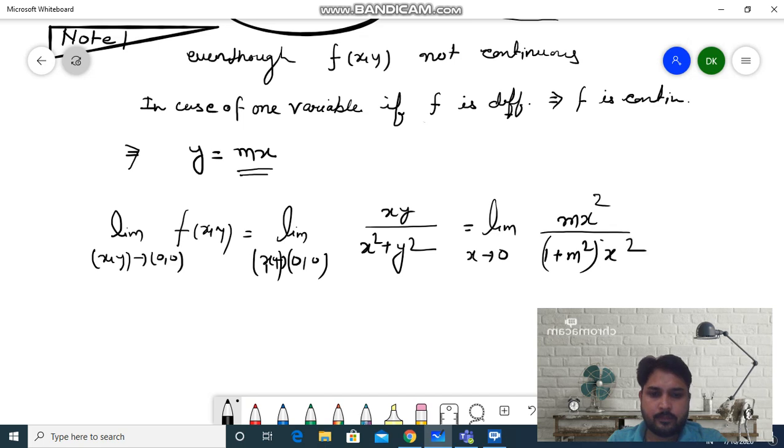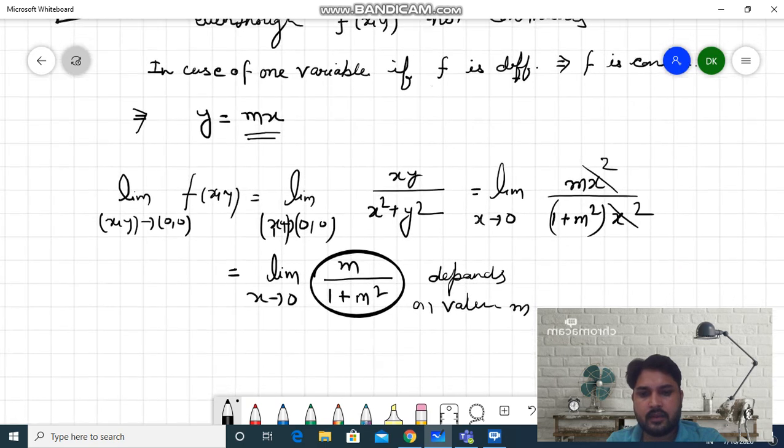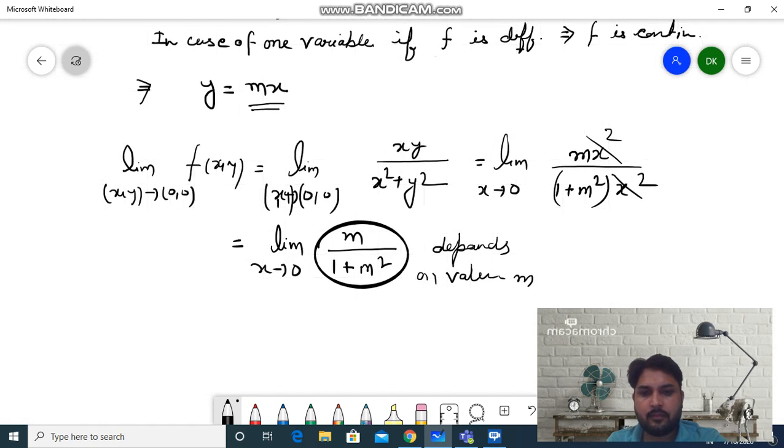So we can cancel out x square by x square, and it becomes limit x tends to 0 of m upon 1 plus m square. Since this limit depends on the value of m, the limit of a function of two variables is not unique along different paths, or we can say the limit of the function is different along different paths.